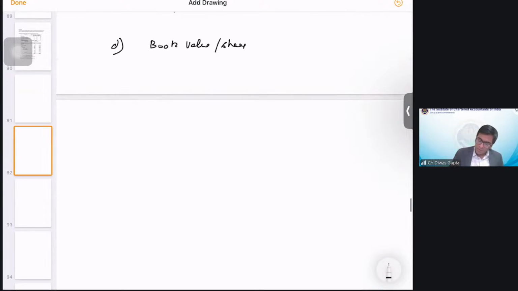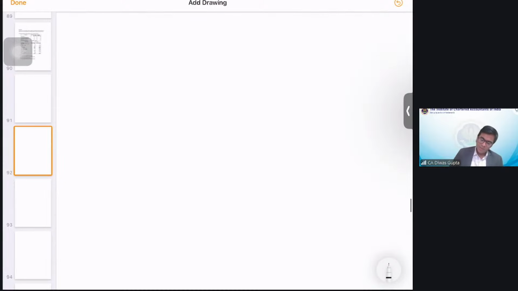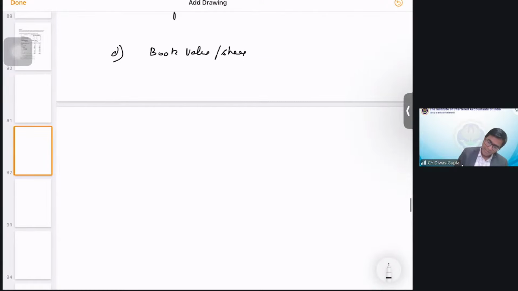So let's compute the book value per share, students. Let's write the formulas first. BVPS of weak bank, BVPS of strong bank. Okay.